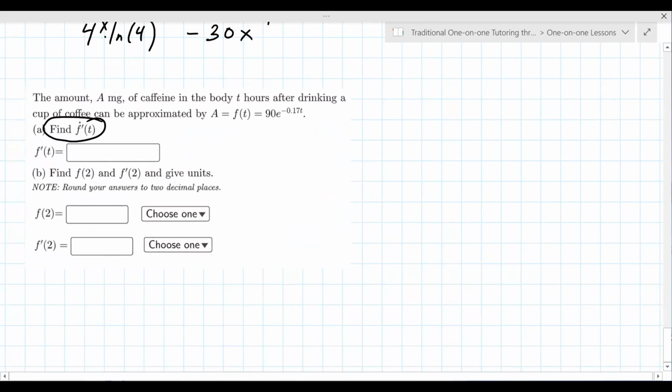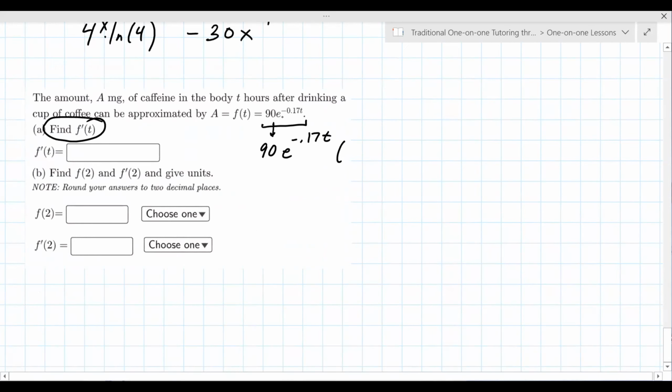So the 90 just comes along because it's a constant. The derivative of e to the power is itself. But there's one more little thing here. You have to take the derivative of the inside function, which is what's called the chain rule. I don't know if you've covered that in class. It doesn't seem like it, but I'm not sure.